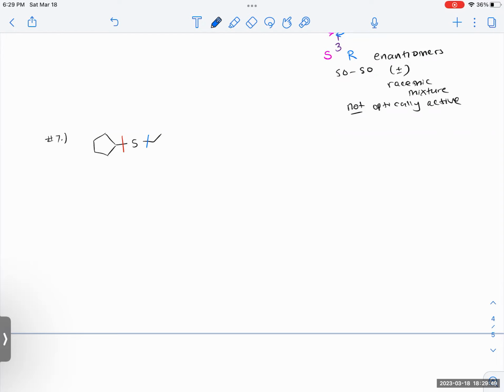Blue, yes. Okay, so those would be your synthons. And then this would be your synthetic equivalent.